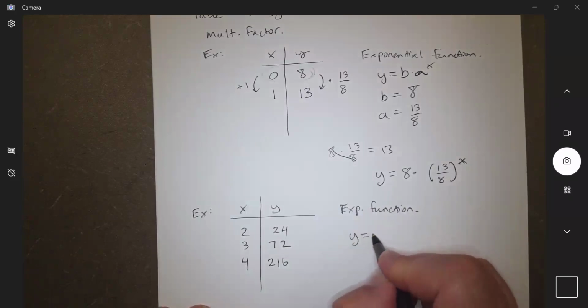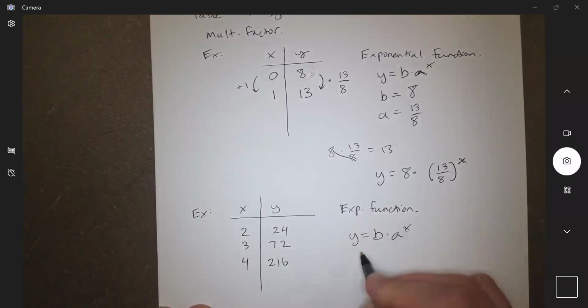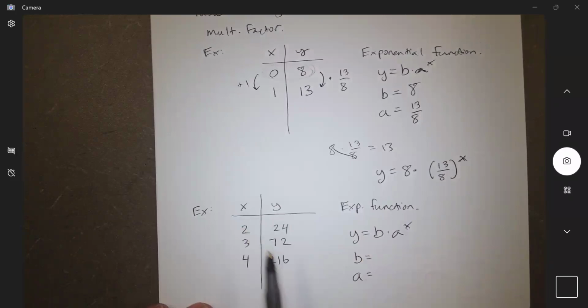So I want it to be y equals b times a to the x. So I need b and I need a. Can we read off what b is?